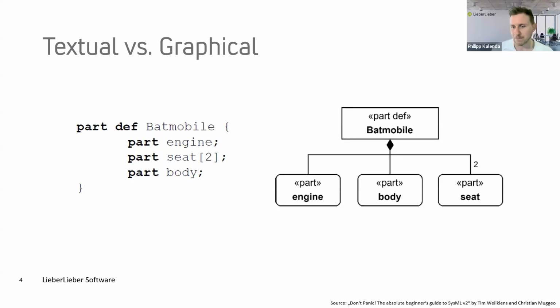And now, depending on which style you like or how you are basically aligned, you might have looked at the left or the right side first. Some people are more textual oriented, some people are more visually oriented. That really depends. And for SysML v2, it doesn't matter. You can use one or the other or even both. Some things are easier to produce or read in a textual notation, and some things are easier to produce, read, or change in the graphical notation.